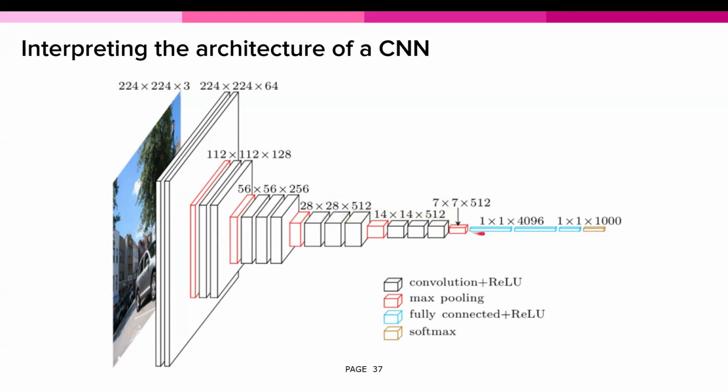Then we flattened that to get 4,096, and we finally did a fully connected network at that very end. And we're interested in a 1,000 dimensional softmax on that output.